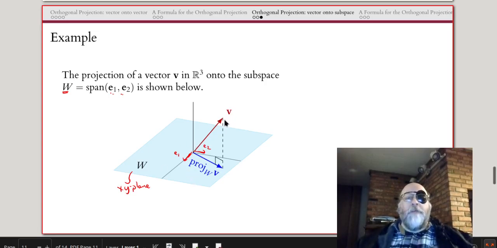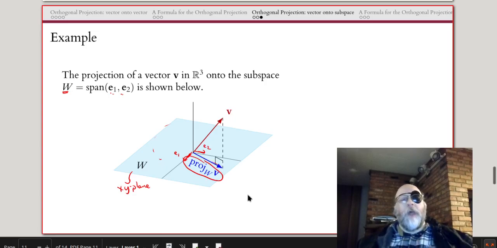I have this vector v that's not in the xy plane, but if I look at all of the possible vectors that are in the plane, and I want the one that's the closest to v, it's going to be the one that's directly underneath it at a right angle. And so this is going to be the projection of vector v, straight down onto the subspace W, onto that plane.